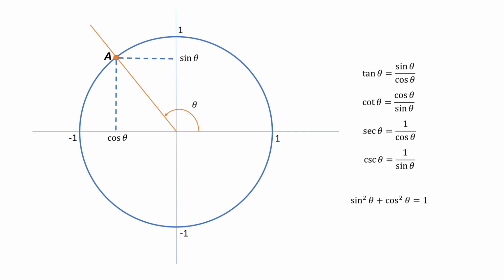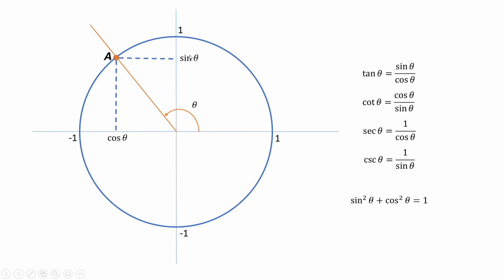Now, a couple of other things I want to note. I want to point out that in our case, when we have an angle theta between 90 and 180 degrees, we can see that cosine for that angle is negative, while sine is still positive.